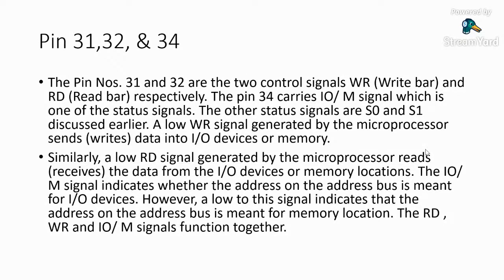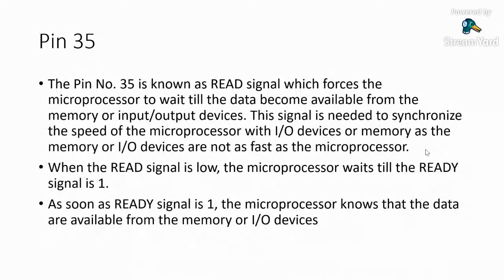The read, write and IO/M signals function together. So this is the ready signal, which is pin number 35, which forces the microprocessor to wait till data becomes available from the memory or input-output devices.